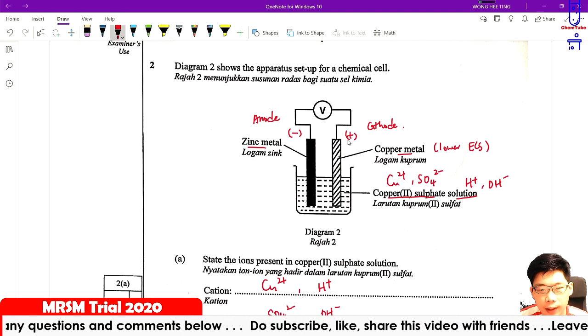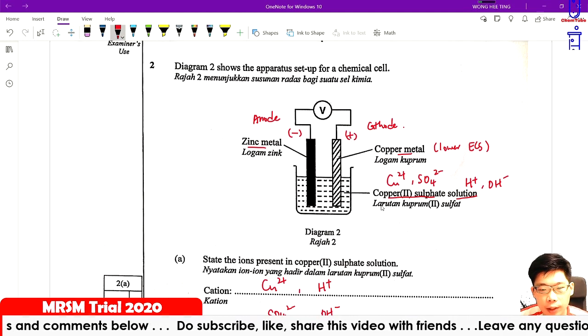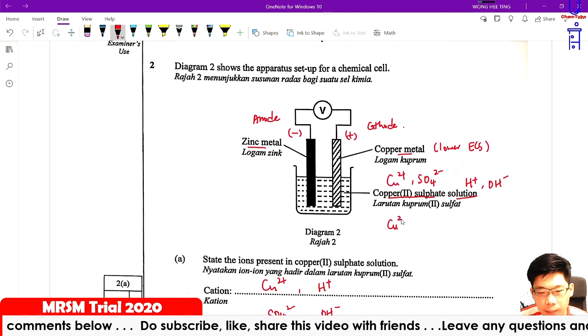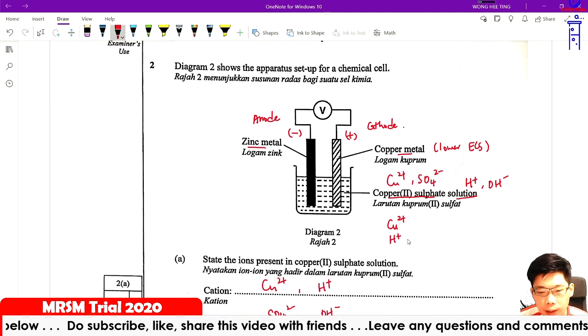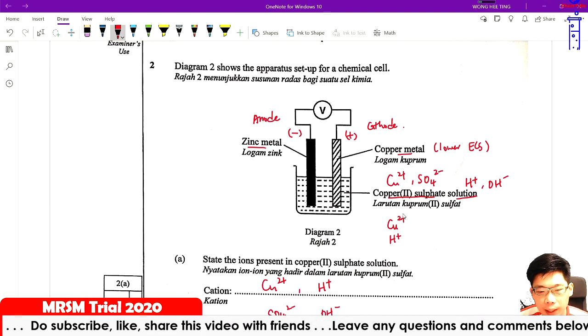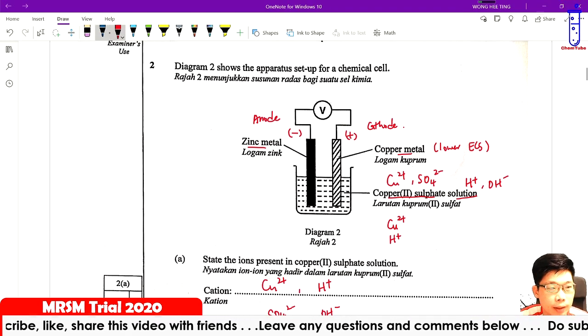Copper is the cathode. In the electrolyte, we will pick from the copper and the hydrogen ions and compare them in the electrochemical series.